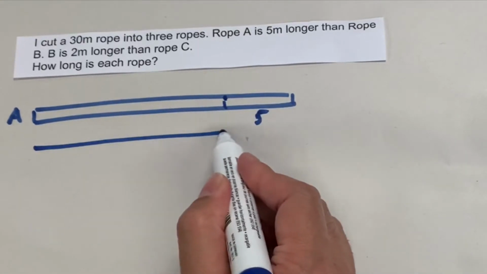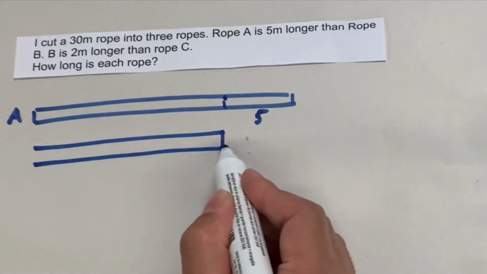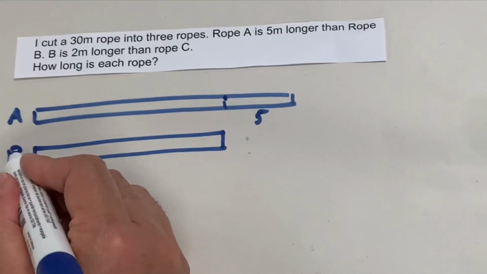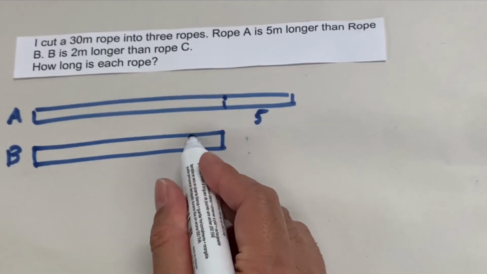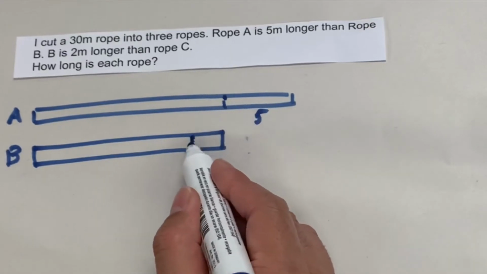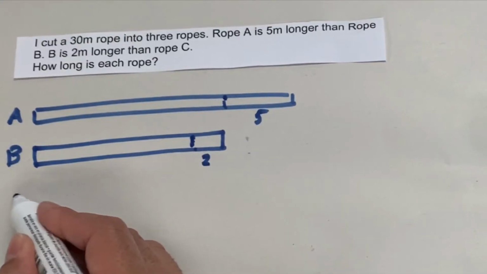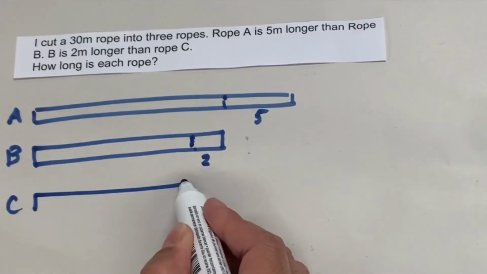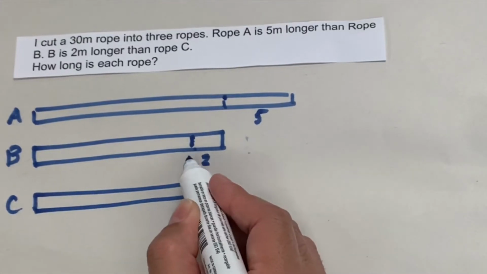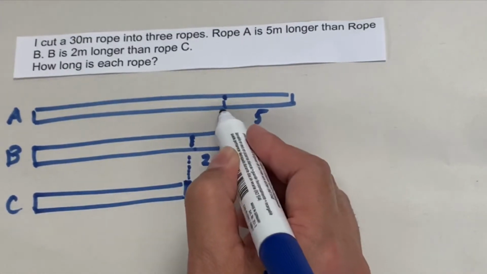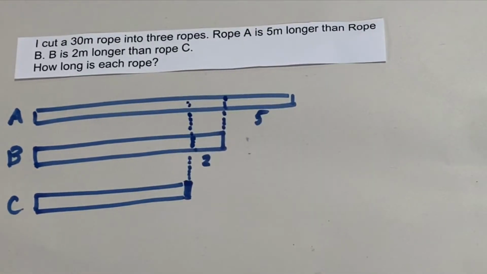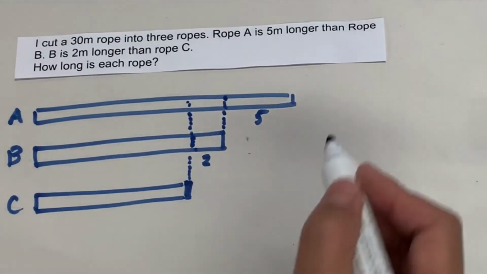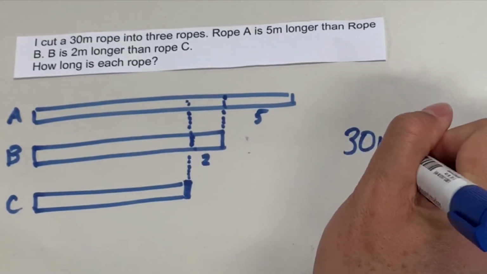Then rope B. Okay, that's rope B. And B is 2 meters longer, so this is 5, so I have to make it smaller. 2 meters longer than rope C. So that's rope C. That's rope B. And altogether it's 30 meters.